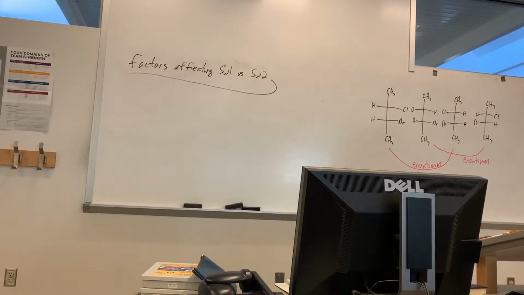We know that second order is a bimolecular one-step process that results in inversion of configuration. We know that SN1 is a two-step process, the rate determining step being the leaving group leaving, forming a carbocation. And then in the second step, the nucleophile attacks that carbocation. The question we ask is, for a given reaction, how can we determine whether it is going to go SN1 or SN2?